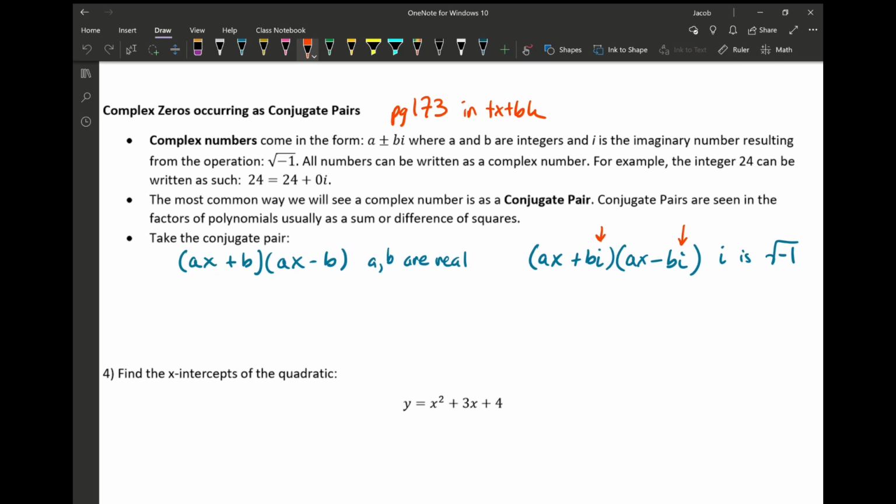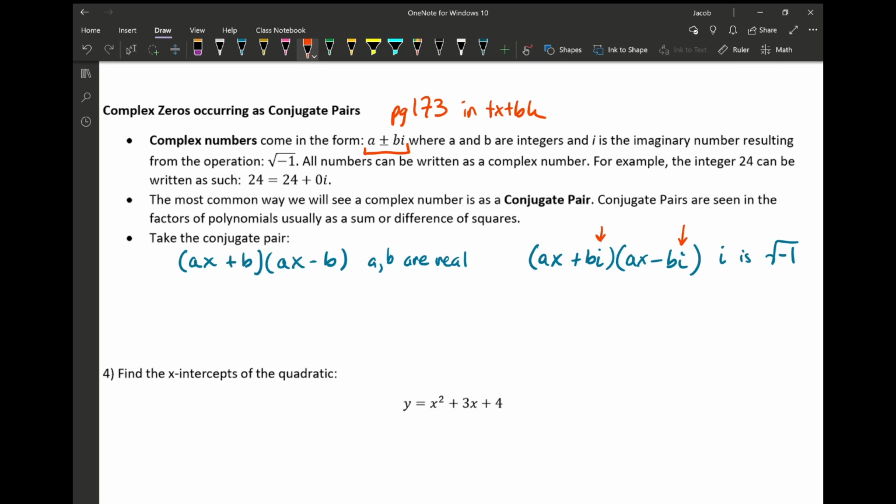But for complex numbers, we know that they can exist as a plus or minus bi, where a and b are integers, and i is the imaginary number resulting from the operation of the square root of -1. And these, like every number, can be written as a complex number.